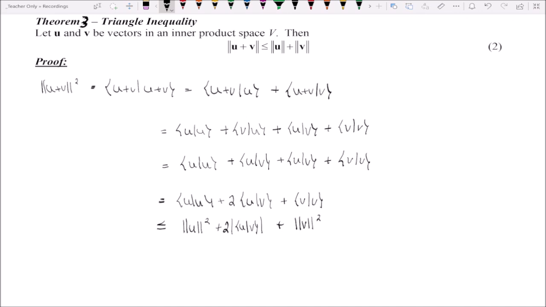I'm sorry, that wasn't using the Cauchy-Schwarz inequality. That's just a simple fact, right? Any real number will always be less than or equal to its absolute value, because it's either a positive number, in which case it equals its absolute value, or a negative number, in which case it's less than its absolute value.